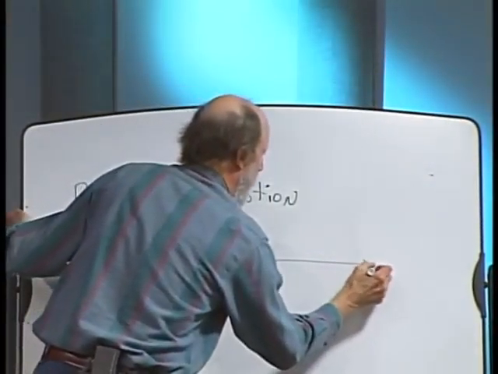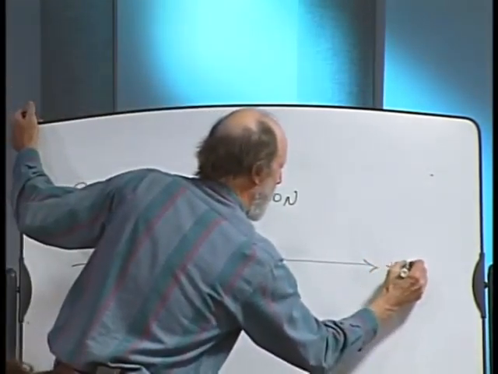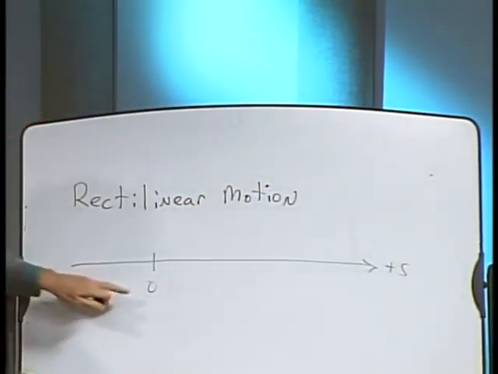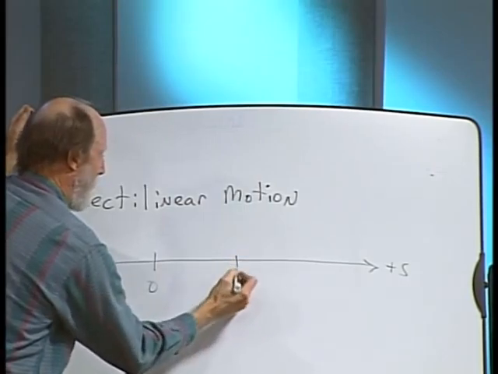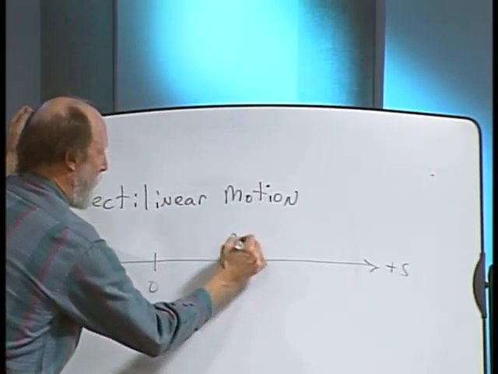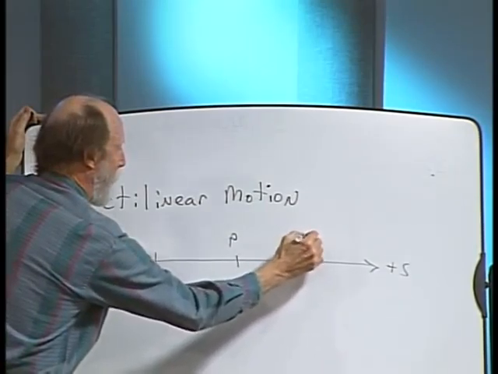If we call displacement along this straight line S, measured from some reference point, this is starting point 0, and we have an object out here at some point P, and then the object moves to some point P prime.